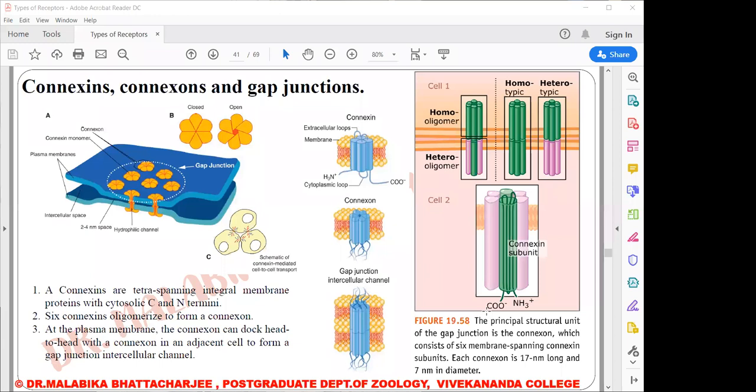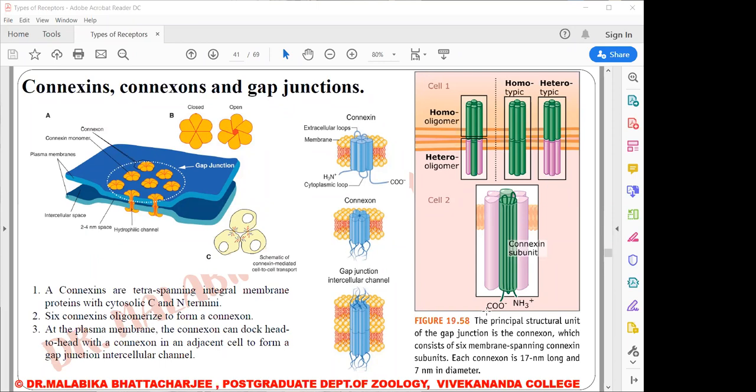And coming to the functions, as I have said, gap junctions permit molecules such as inorganic ions, sugars, amino acids, nucleotides, and vitamins to pass from one cell to another cell. But they prevent larger molecules because the gap has a fixed diameter.